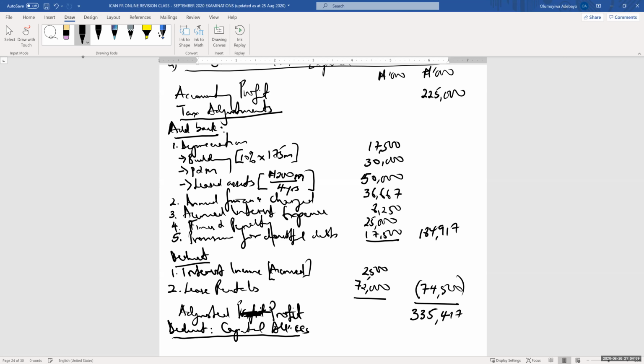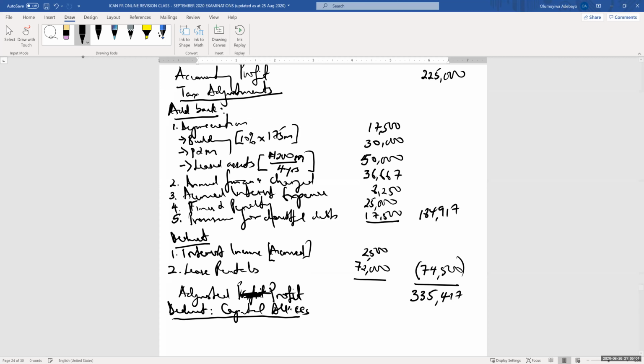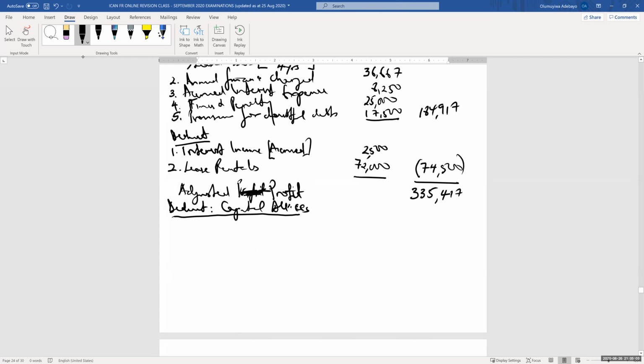Now, I have two items for which I'll deduct capital allowance. The first one is the building. Remember, we disallowed the depreciation for building. We'll now take, as a surrogate, the capital allowance. And the information about the capital allowance for building was 105,000.